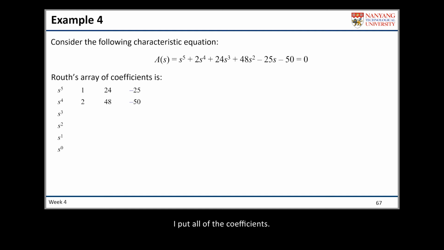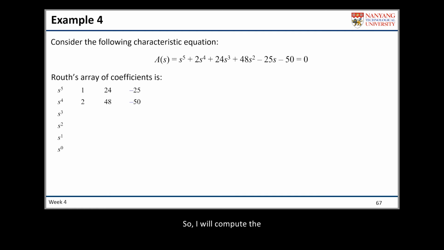I put in all of the coefficients. 1 is coming from the coefficient of s to the power of 5, 2 from 2s to the power of 4, 24 from s cubed, and so on and so forth until the last coefficient of minus 50. Now I can continue to treat it as if it is a normal Routh array.